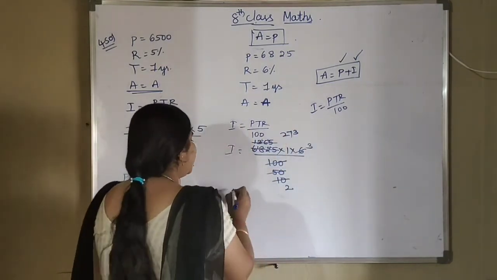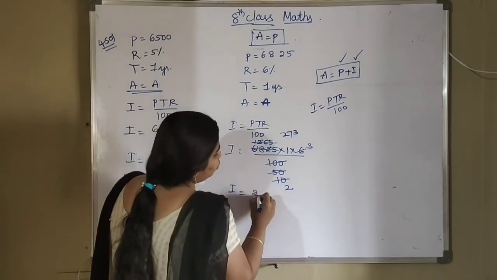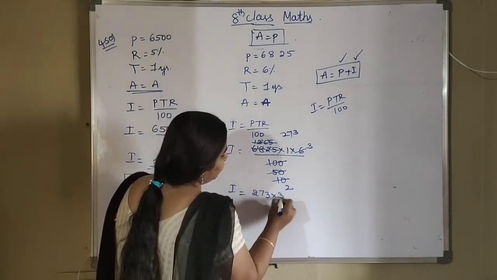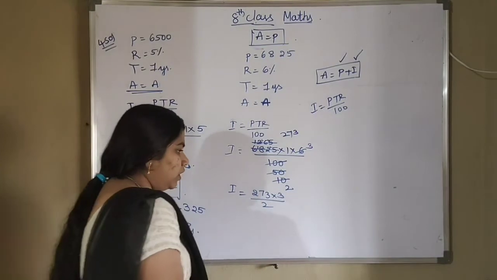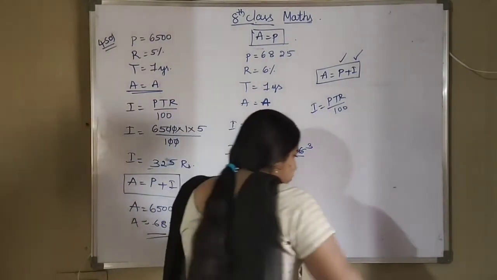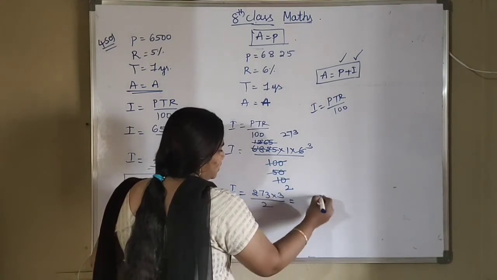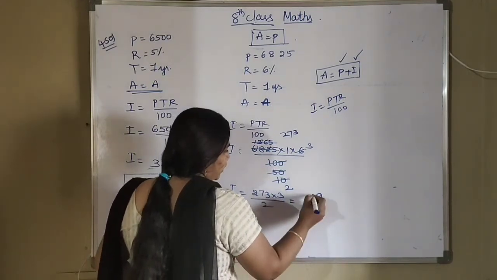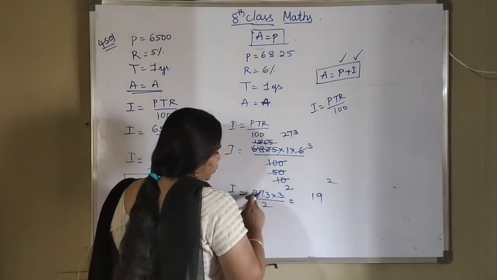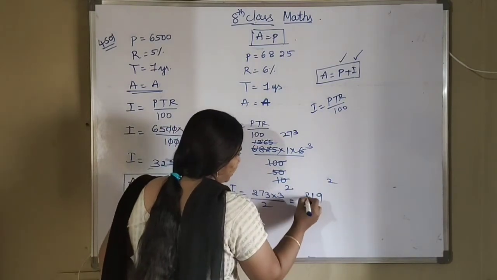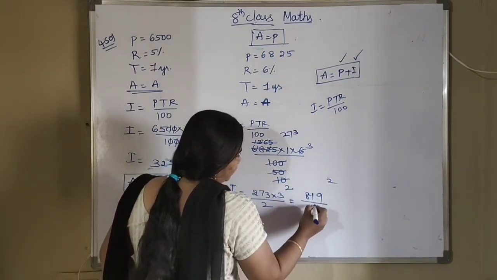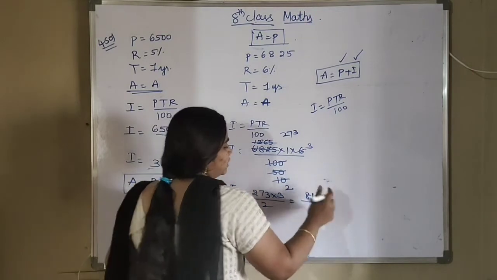So you got I is equals to 273 into 3 by 2. Now cancel it. So multiply these terms. 3 3s are 9. 3 7s are 21. 3 2s are 6. 6 plus 2 is 8. That will be 819 by 2. Divide this value.